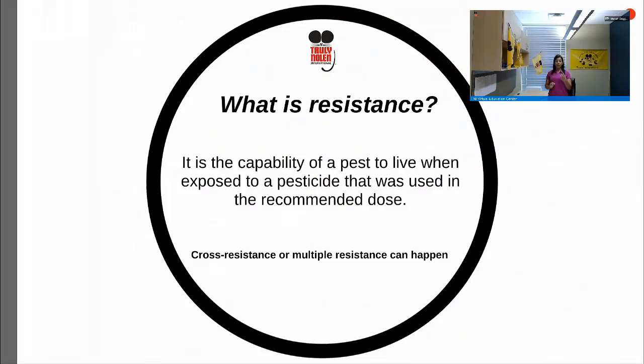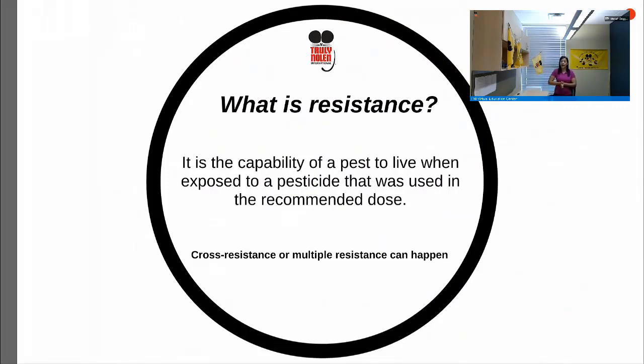So they have one mechanism of defense against a pesticide that they are able to live when in contact with a class of pesticides, such as I have pests that are resistant to pyrethroids, which is a class of pesticides, a group. So they are resistant to deltamethrin, cypermethrin, lambda-cyhalothrin, and many, many others belonging to that group.